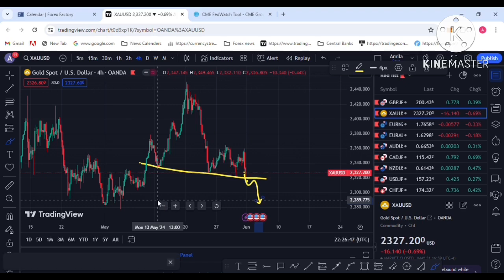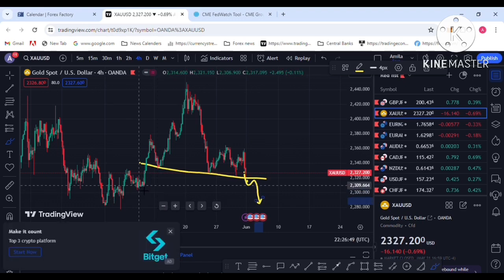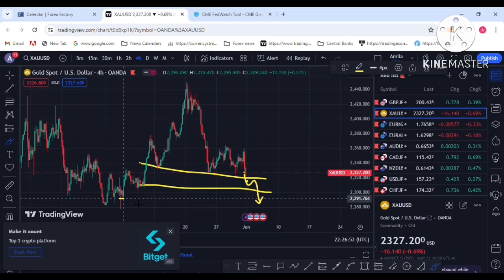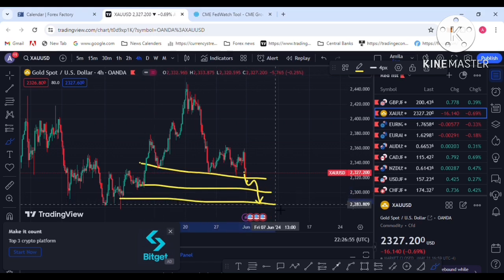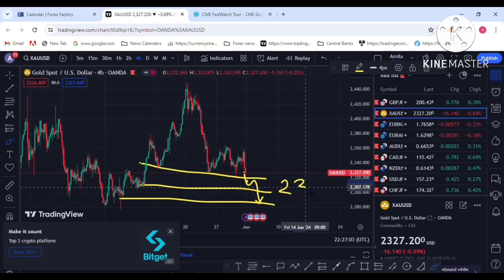I am hoping 2300 is my first target next week, and then 2290 is the next level target. So there is a sell opportunity in gold next week with this technical setup. 2300 is the next week target. So wait for the breakout.